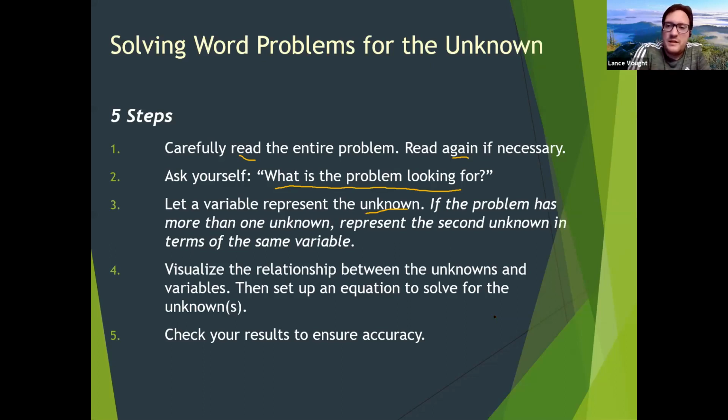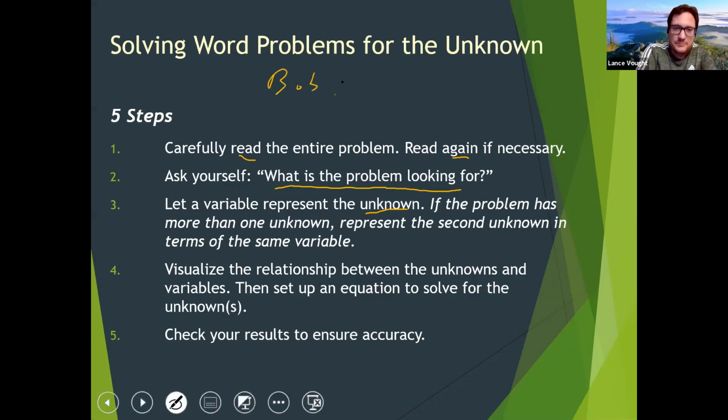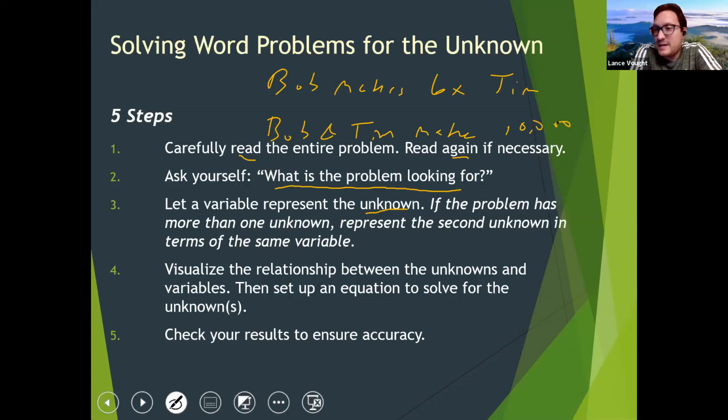So let's say Bob makes 6 times Tim. Bob and Tim make 10,000. How much does Bob make and how much does Tim make?